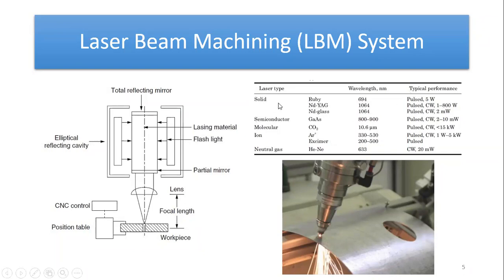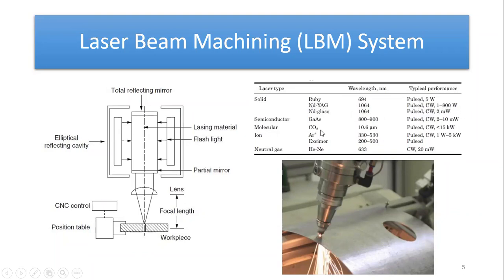For example, a YAG ruby can only produce pulse laser, it cannot be used as continuous laser, and this is the typical laser power it can produce. If you use Nd-YAG laser, then you can do both pulse and continuous laser, and this is the power used.